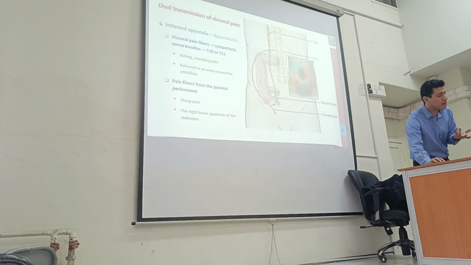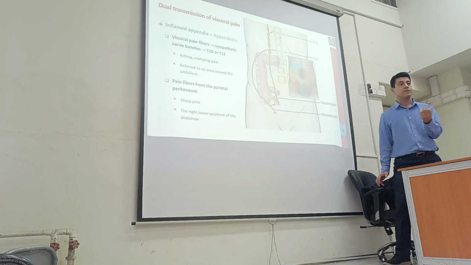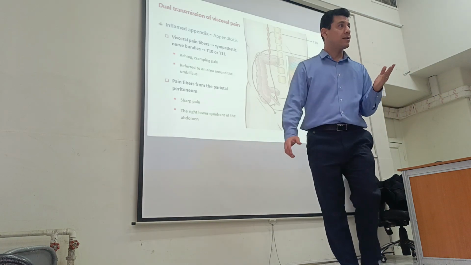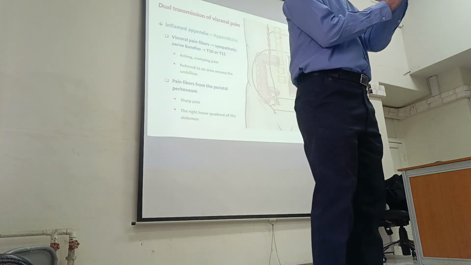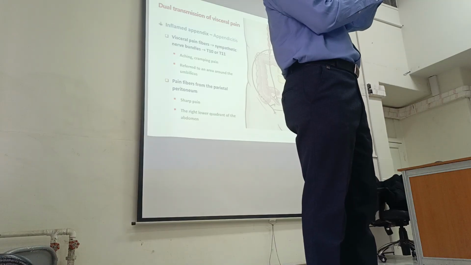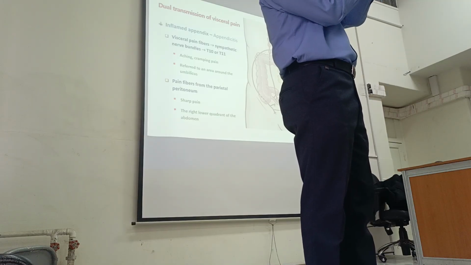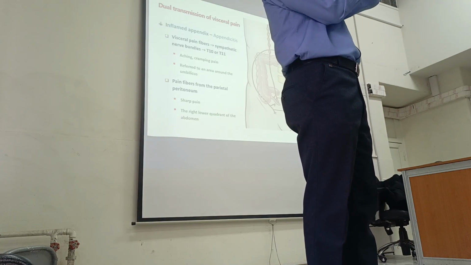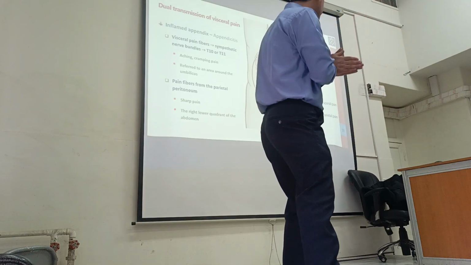But the visceral one is innervated by the sympathetic nervous system that goes to thoracic 10 level, thoracic 10 segment, right? So two different nerves carry the signals to the spinal cord. One goes to lumbar one, the other one goes to T10, right?